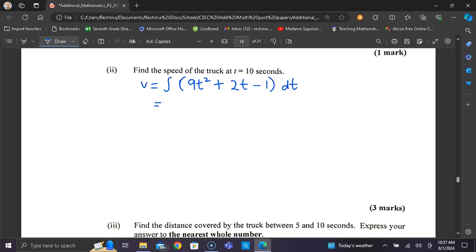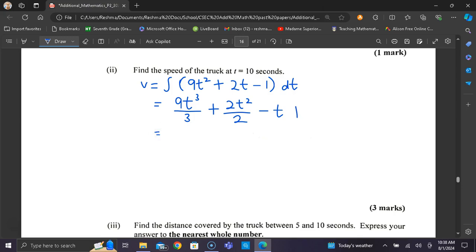So let's integrate. Okay, so using the formula, the integral of ax to the power of n is equal to ax to the power of n plus 1 over n plus 1. So the integral of 9t squared will be 9t to the power of 3, and we divide that by 3, plus the integral of 2t will be 2t squared, and we divide that by 2, and the integral of 1 is t.